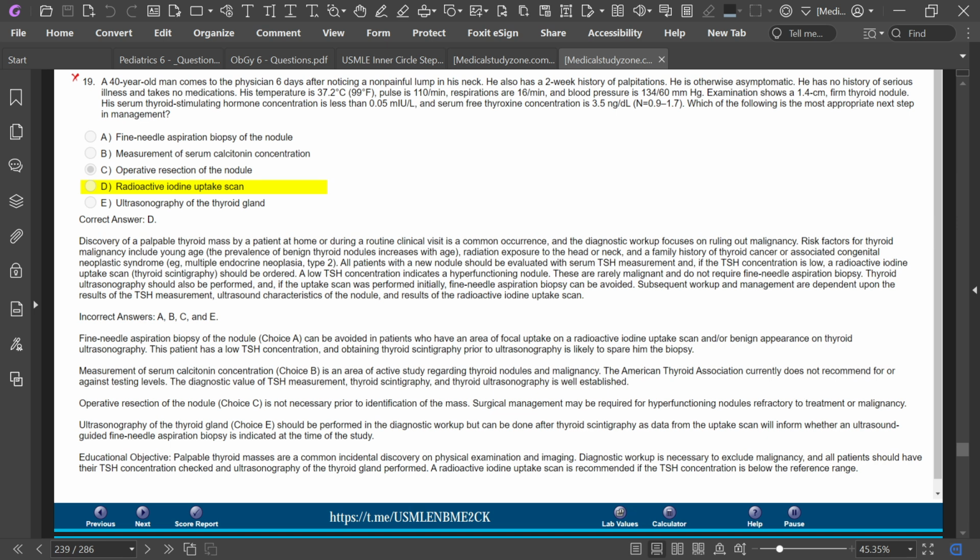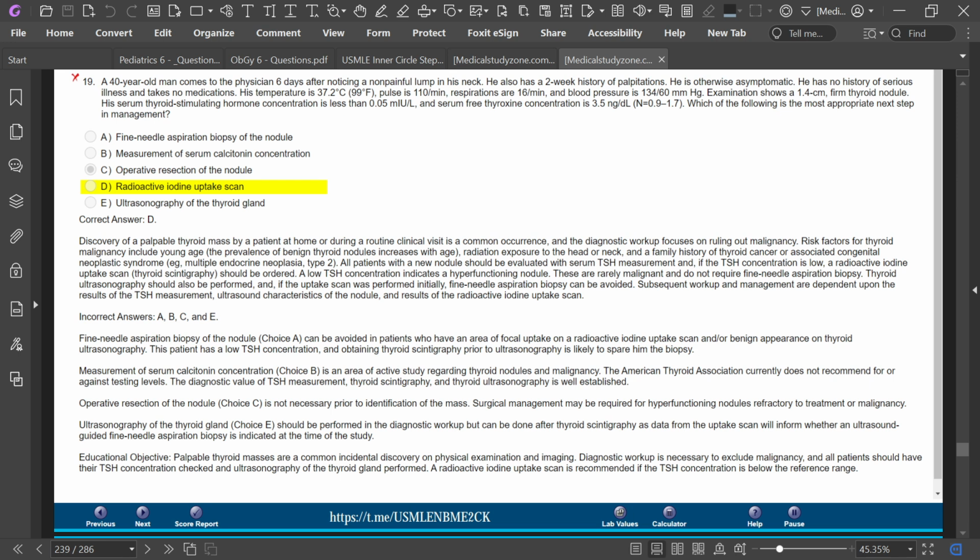On that flowchart, first do the TSH level and thyroid ultrasound. Then if the TSH level is low, normal or high, if the TSH level is low, like this patient, we go for radioiodine scintigraphy according to that chart.